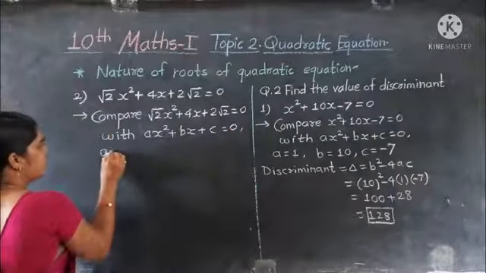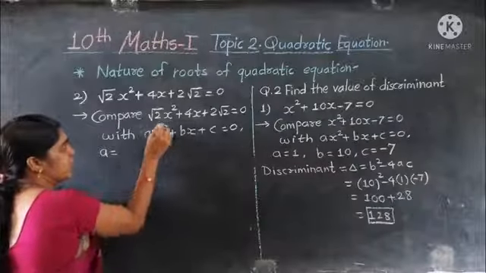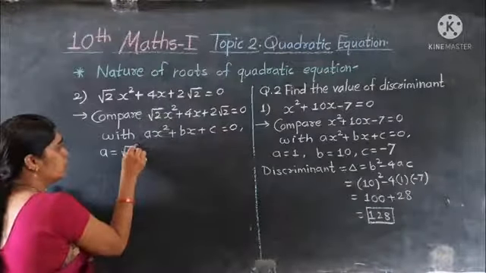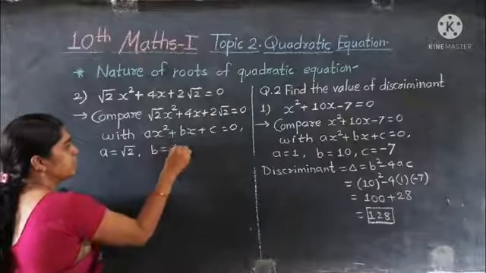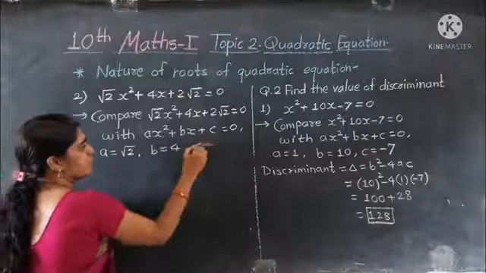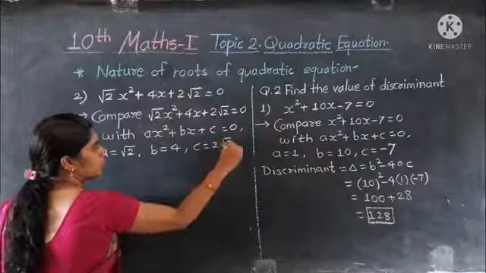We get, x square is there, the value of a is root 2. x is there, the value of b is 4. And the value of c is 2 root 2.